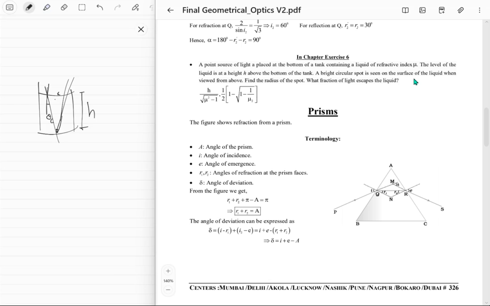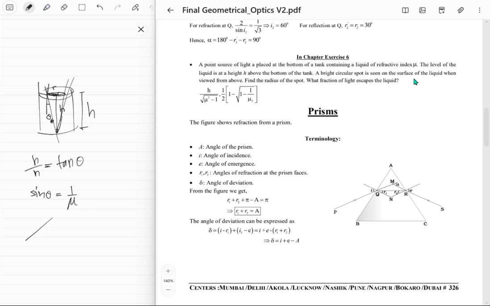Okay, so now we know that. Let's call this theta actually. So this is the radius of this bright spot. You just have r, and then you've got this h. R upon h is equal to tan of theta, right? But you know that sine of theta is equal to 1 upon mu.